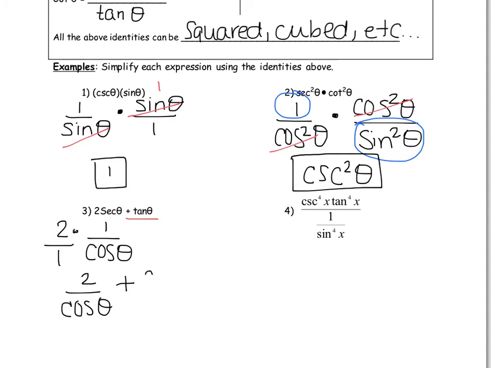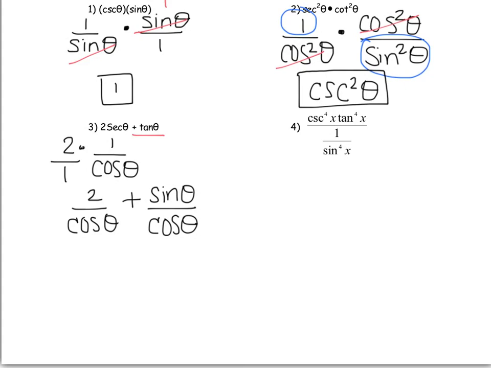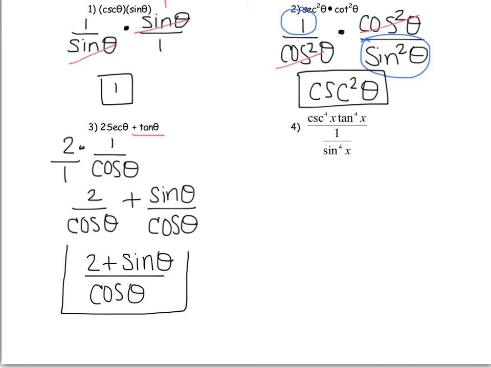And tangent, we know, is sine of theta over cosine of theta. Okay, so when I have two fractions being added together, what do I know? I need a common denominator, which we have. So what do we do? We keep the bottom. And what do we do with the tops? We add them. Notice how I'm not adding 2 and sine of theta. They're unlike terms, so we can't add them. So we leave it like this.